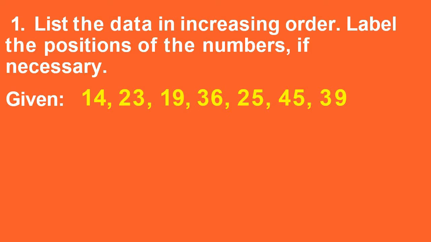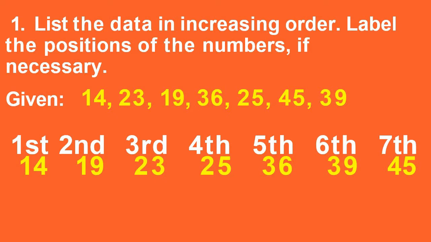Now, label the positions of the numbers if necessary. First number is 14, second 19, third 23, fourth 25, fifth number 36, sixth 39, and seventh number in the list is 45.